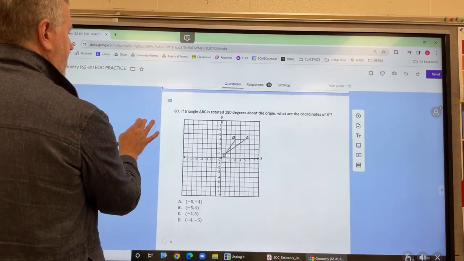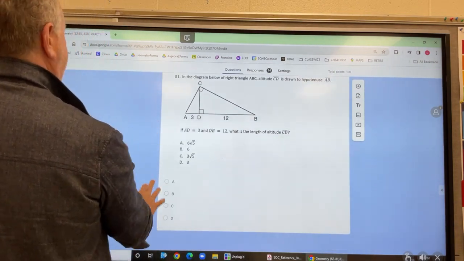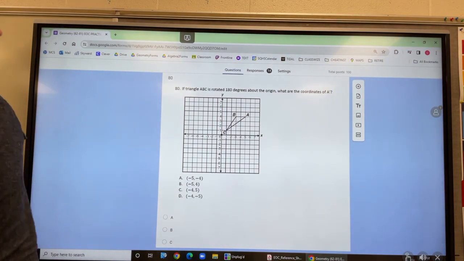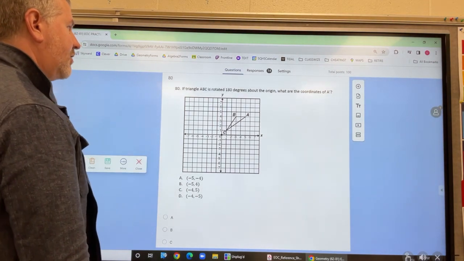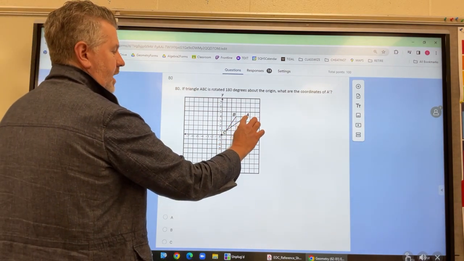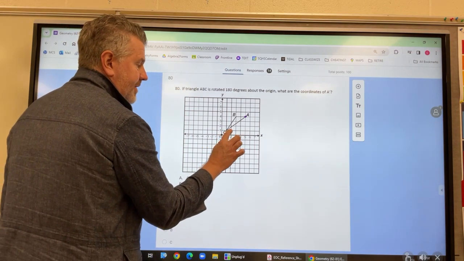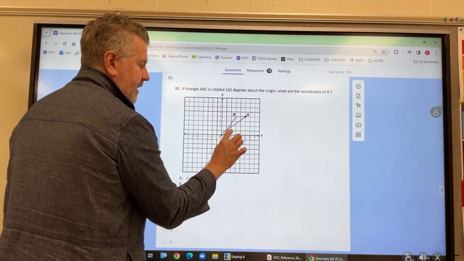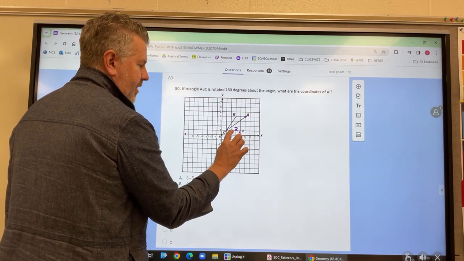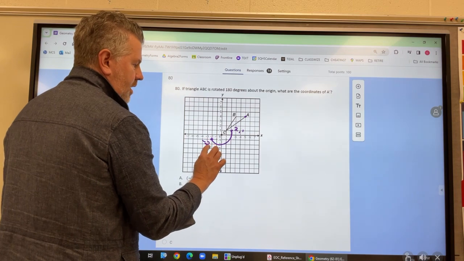Okay. If triangle ABC, so why do we have 2 left? I thought it was 61 through 80. Well, apparently there's another one. If triangle ABC is rotated 180 degrees around the origin, what are the coordinates of A prime? So we're just moving this one. I always have to remind myself what the rule is, okay? I'm going to pick something really close to the origin, like 2, 1, and I'm going to rotate it 180 degrees, and it's going to end up at -2, -1.